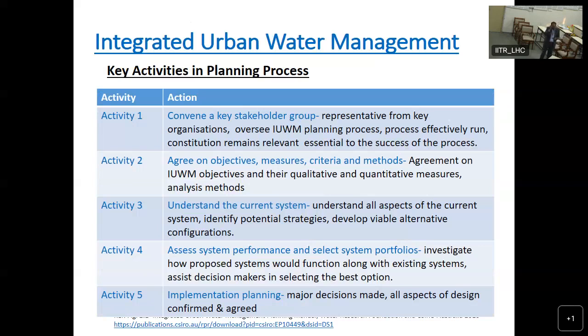And the second part of the energy in the system is the actual energy used in pumping into the system, in the treatment part. So that is one energy. The second energy is the embedded part in developing that infrastructure.